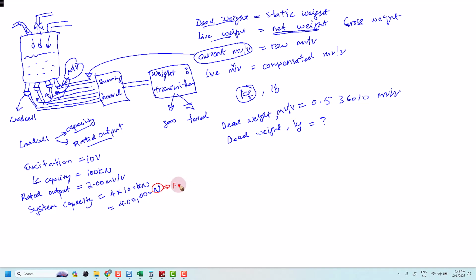Force equals mass times gravity, or acceleration. Because we want to find the weight in kilograms, we have to find the mass, so the g transfers to the other side. It becomes force divided by g, and g is 9.81.